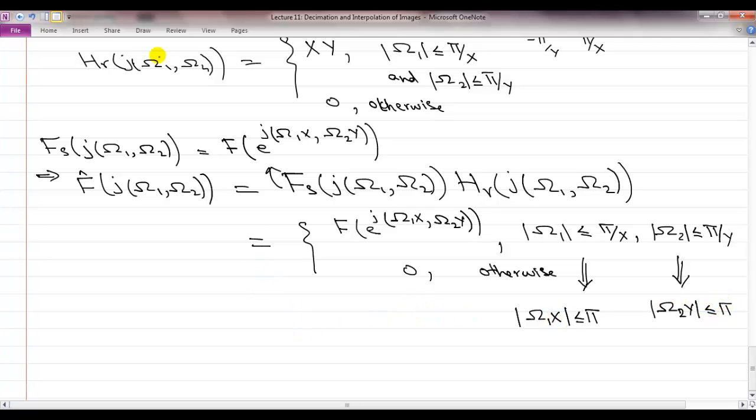So what this means is, let's say I am given a sequence whose Fourier transform is F(e^{j omega 1}, e^{j omega 2}). And again, I have to draw a lattice because it's a periodic repetition at all the places.